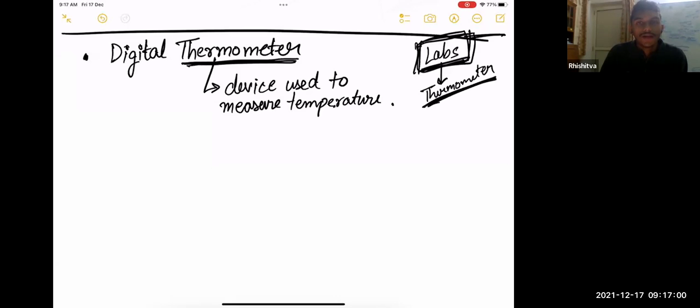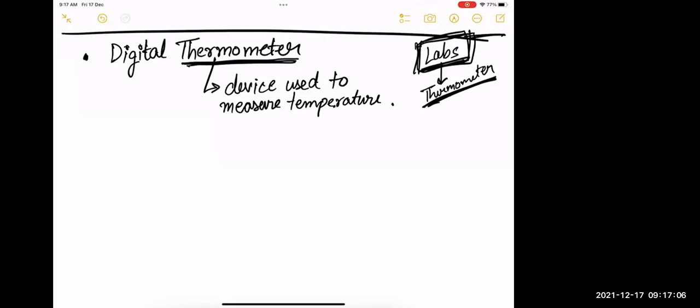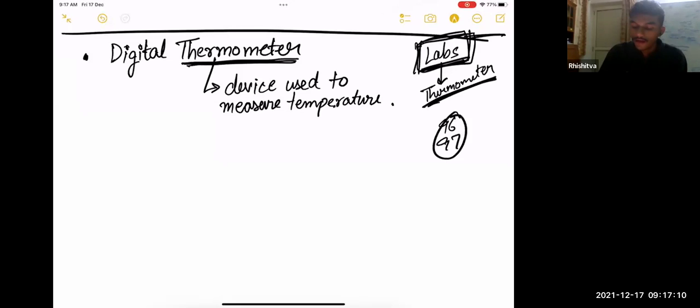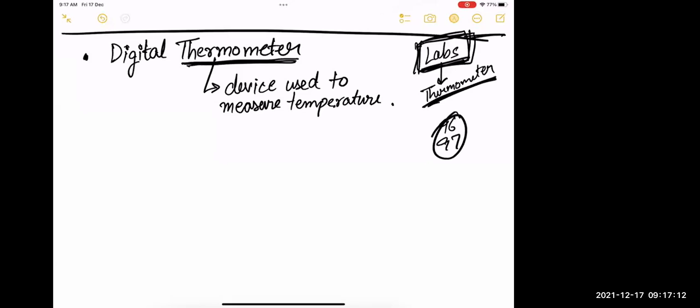Okay, have you used a thermometer on yourself? You must have got a reading, right? Yes, teacher, it was written 96 or 97. Like 27 degrees Celsius or 96 degrees Fahrenheit. Okay.